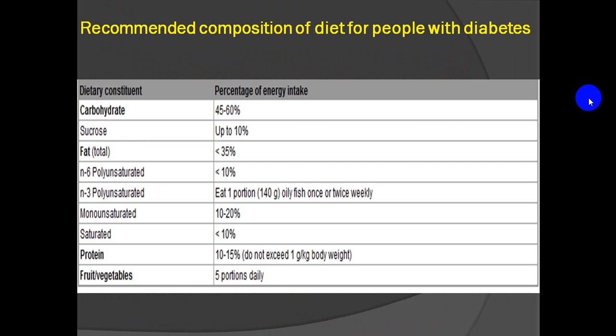This table shows you the recommended composition of diet for people with diabetes. Here, carbohydrates, as I have told you, are in the range of 45 to 60% of energy intake.